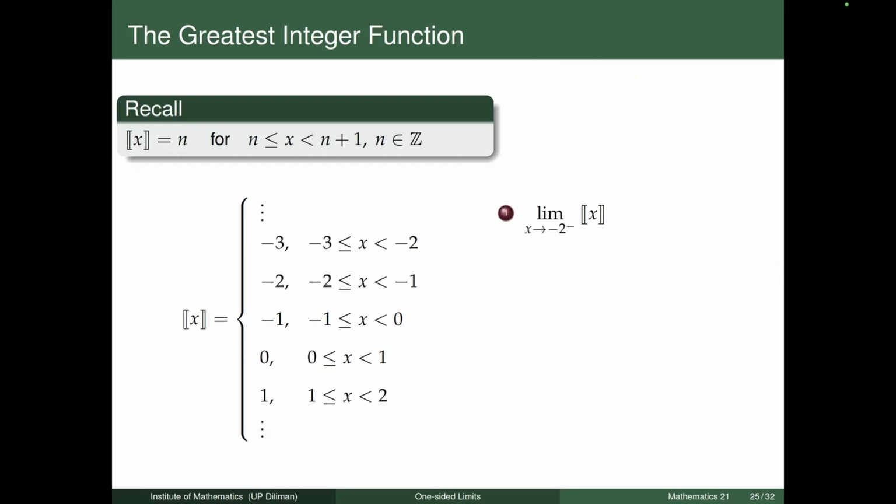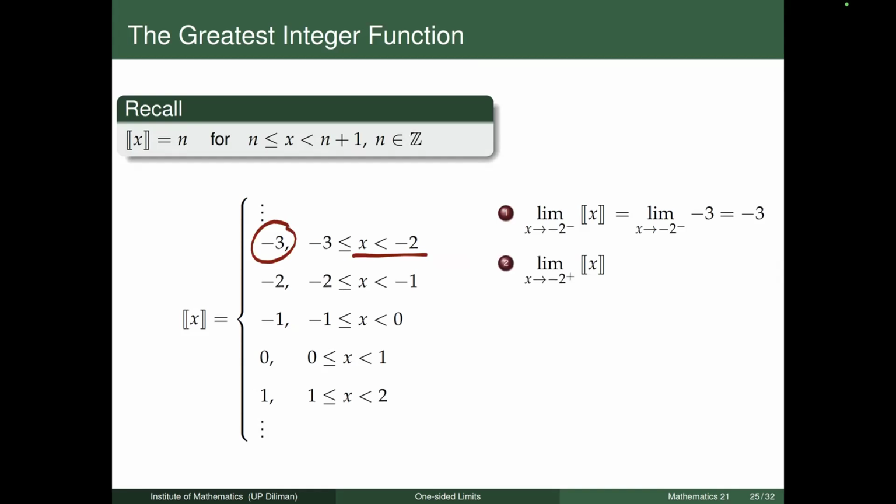So, what is the limit as x approaches negative 2 from the left of the GIF function? Once you have set these intervals, where is negative 2 from the left? Negative 2 from the left means x is less than negative 2. So this GIF will always be negative 3. Okay? And the limit of negative 3 is negative 3. How about as x approaches negative 2 from the right?